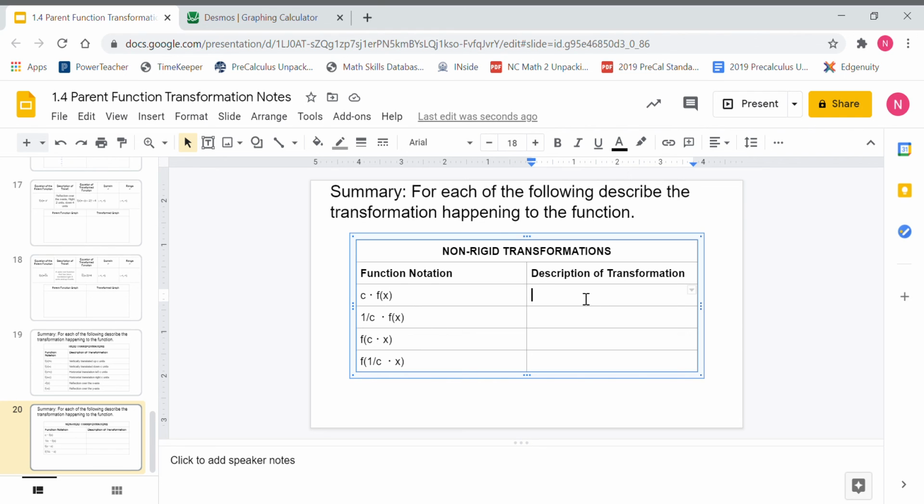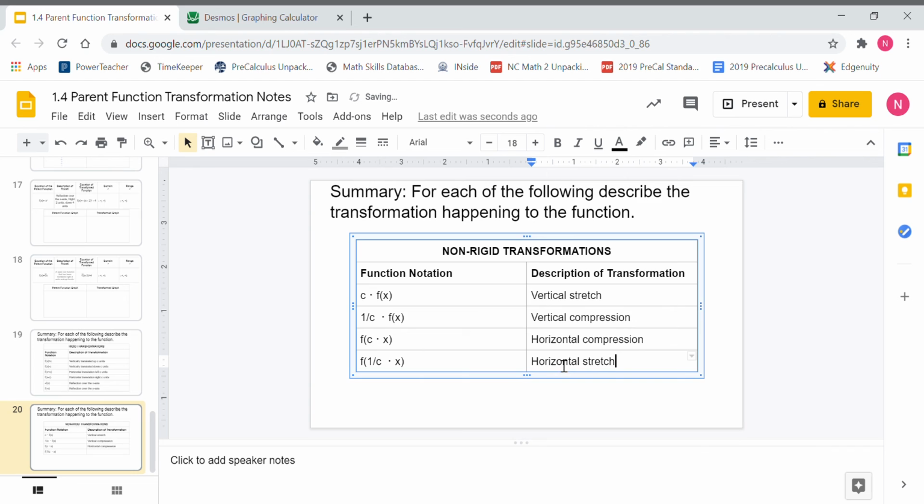With your function, your names are different, but with the graph, you can call it either a horizontal stretch and vertical compression, those are the same, or a vertical compression and a horizontal stretch. And so if you've got a whole number in front of your function, you've got a vertical stretch. If you have a fraction, you've got a vertical compression. If your whole number is inside with the x, inside those parentheses, you've got a horizontal compression. And if you've got a fraction inside, you've got a horizontal stretch.